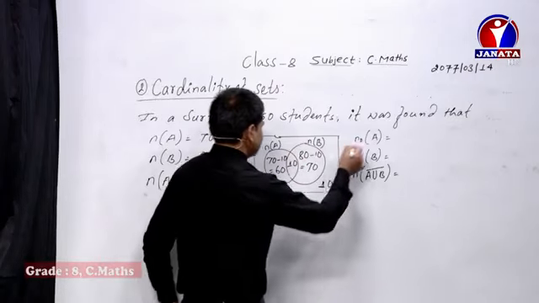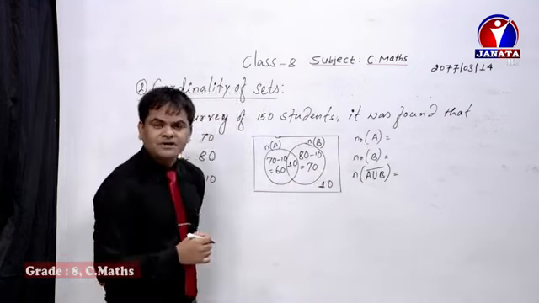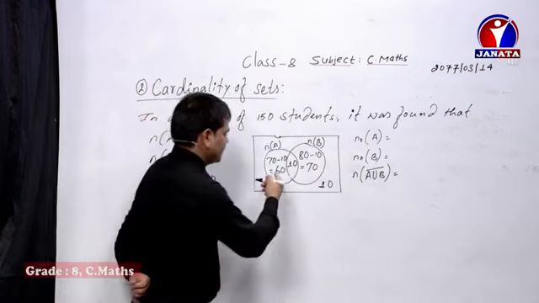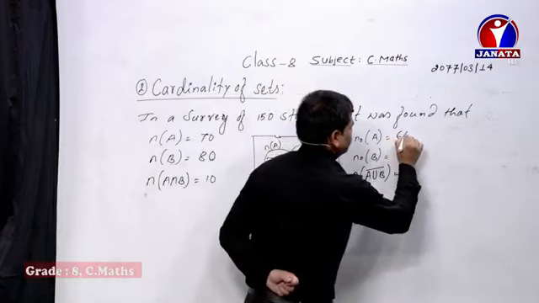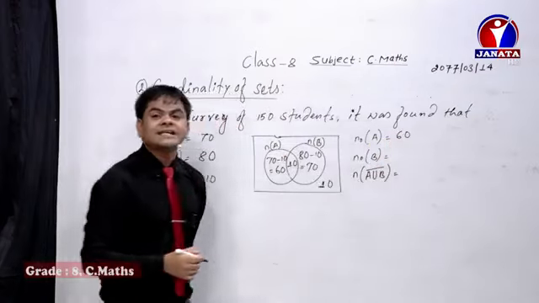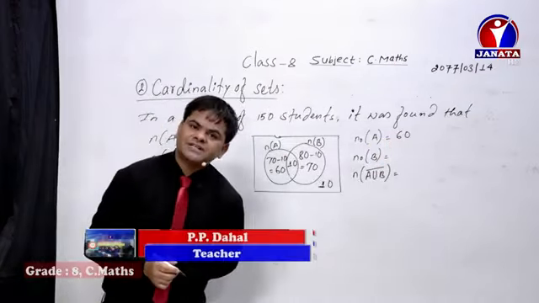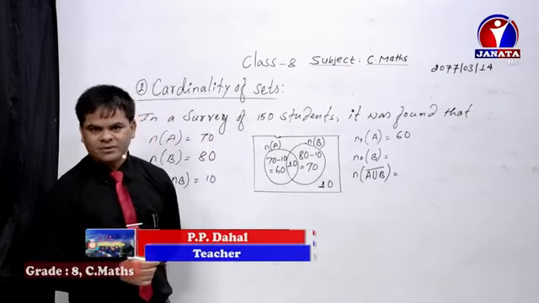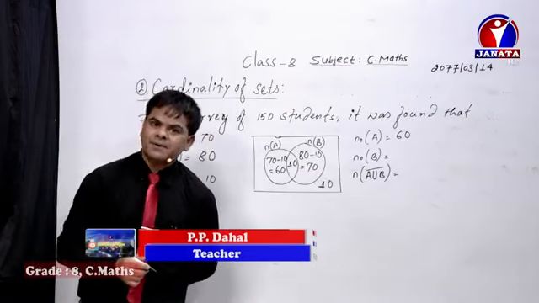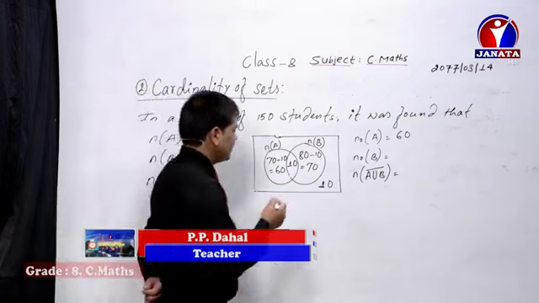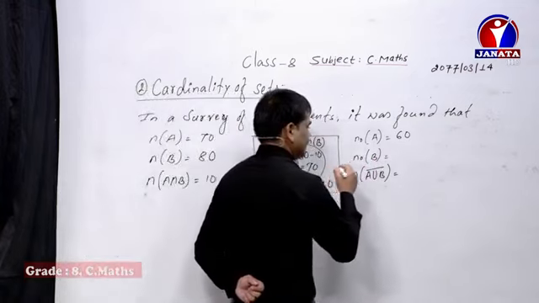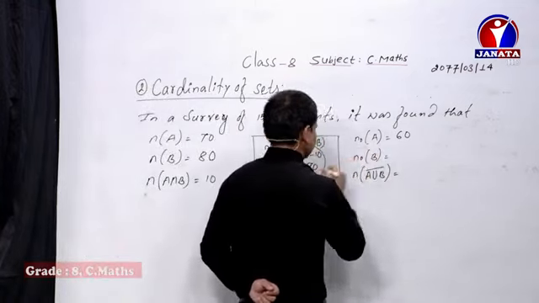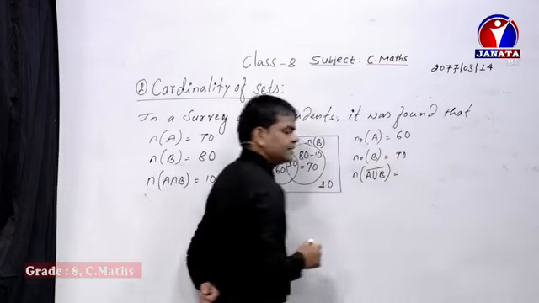Then n dot A, if we want to find the value, there will be 60. So n dot A equals 60. There are 60 students who want to have apple only. They won't prefer to have banana. Now similarly, in case of banana, only there is 70, so the answer will be 70.